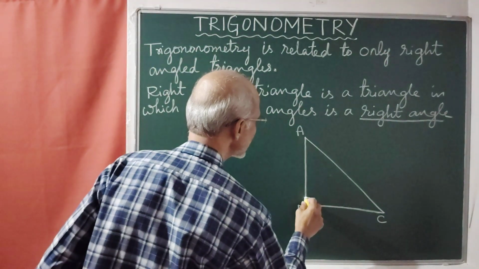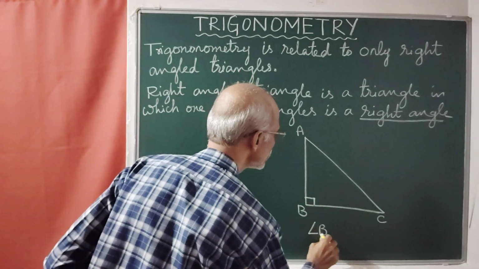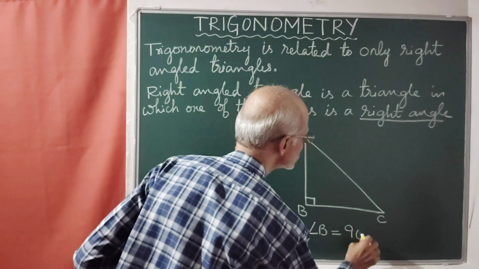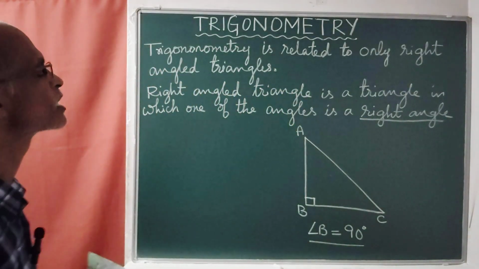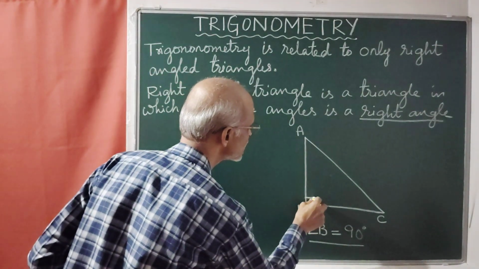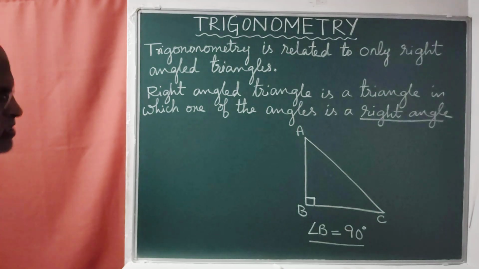Angle B is the right angle. It means what? Angle B is equal to 90 degrees. Right angle means equal to 90 degrees. This symbol shows 90 degrees.